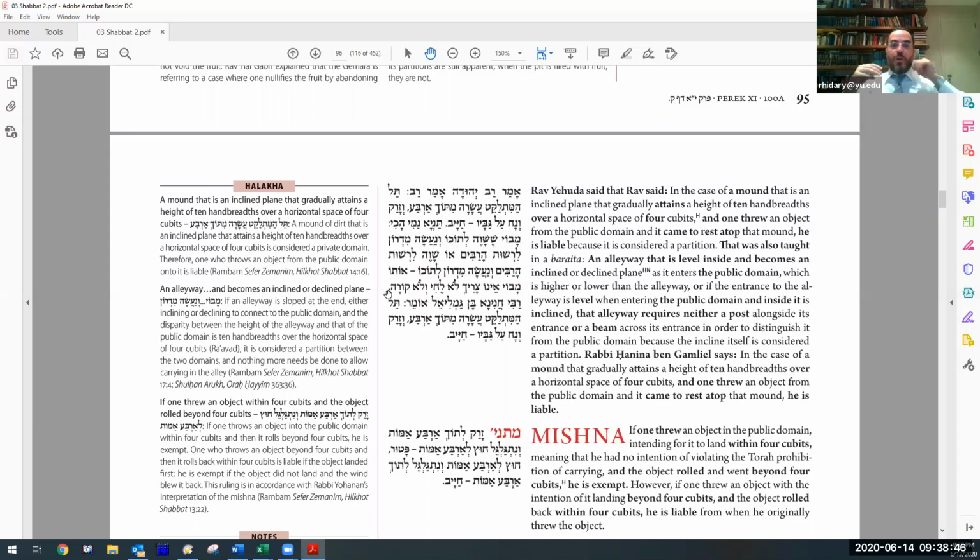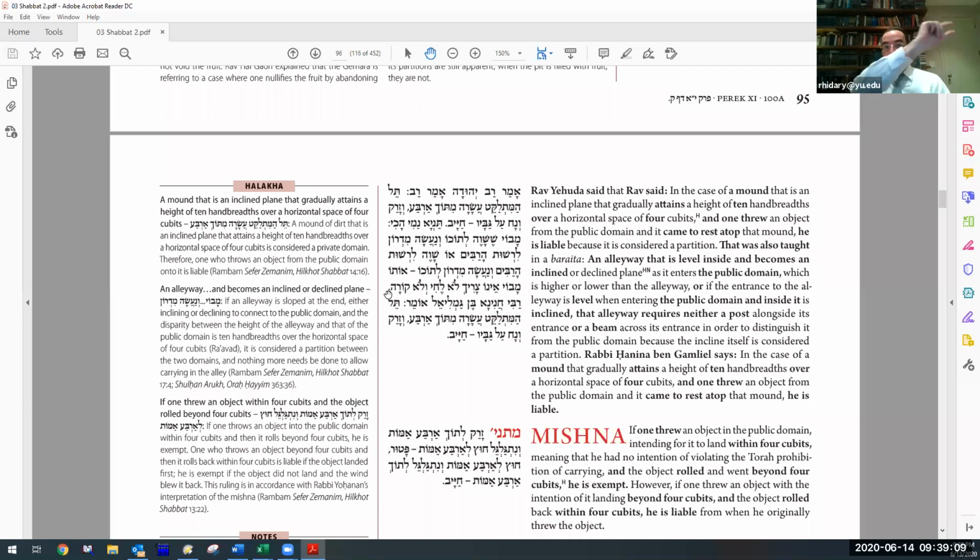And this is the case where I have an alleyway, a joint courtyard, like a Rosanna court, or something like that. And then that opens up to the Reshut Rabim. So normally when you have a joint courtyard that's open to the main thoroughfare, the main highway, I have to put some kind of item that reminds people not to carry beyond that point.